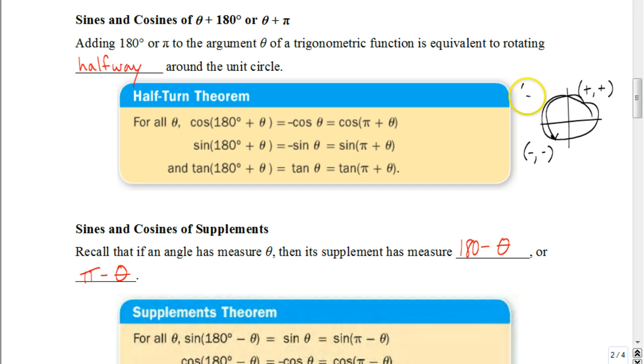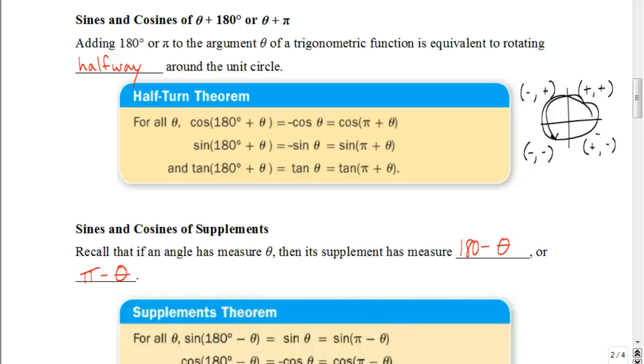Or if I had a number in quadrant 2 where x is negative and y is positive, if I rotate that 180 degrees, both are going to be opposites. The x would now be positive, the y would now be negative.